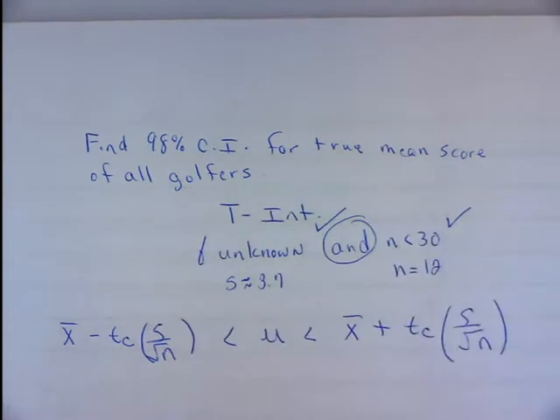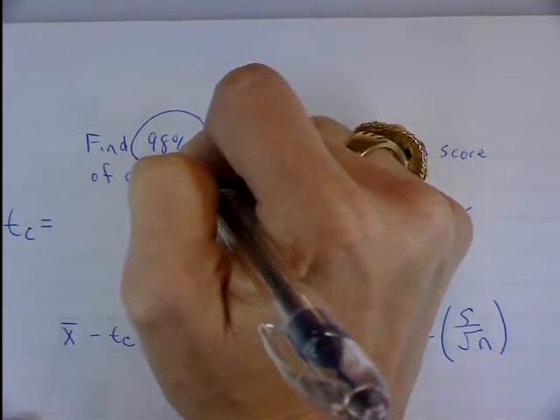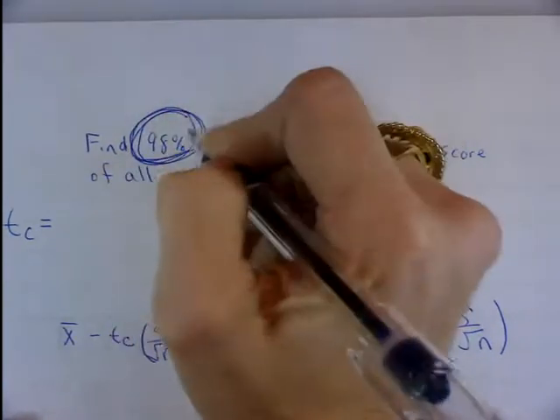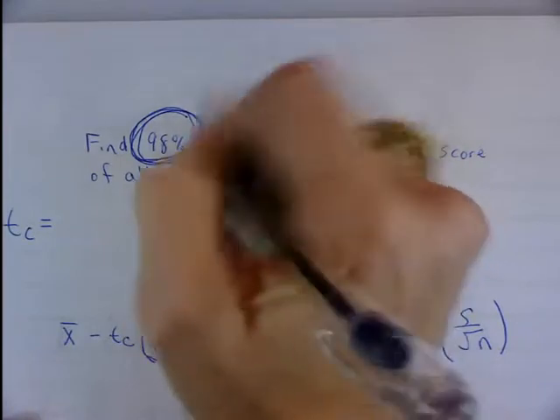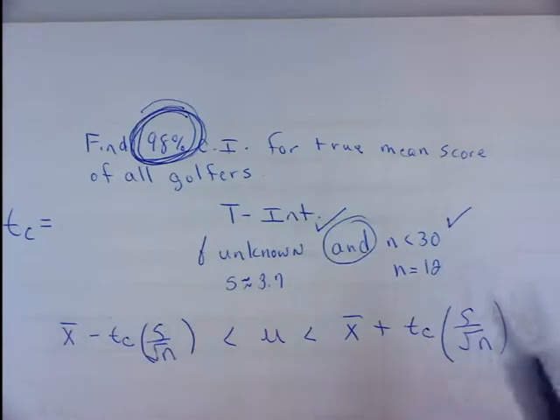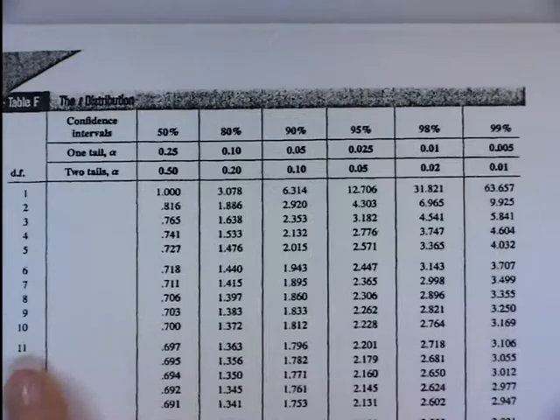Going to the t table, we can find our t sub c in this problem. 98% degree of confidence, and our sample size is 12. According to the t-table, we have to go to row 11, which is degrees of freedom, sample size minus 1.